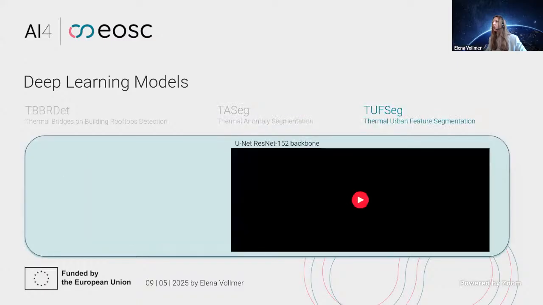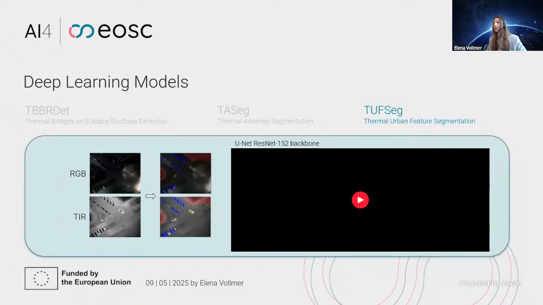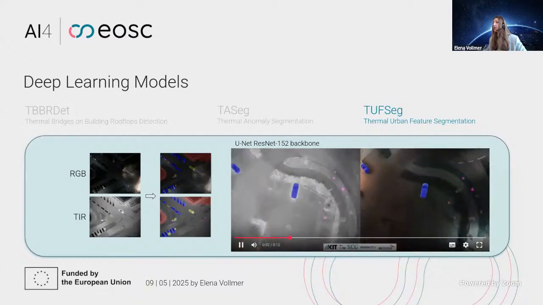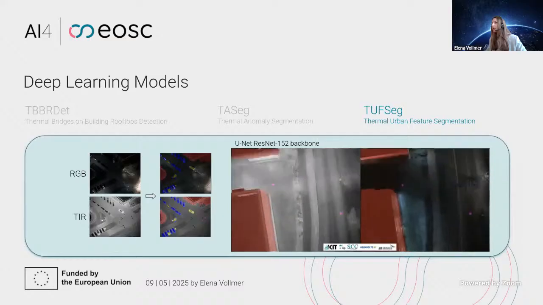The thermal urban feature segmentation uses a combination of RGB and thermal imagery as input, and the outputs are exemplified here. Then again, we have this example flyover, and you can see it classifies the manholes, cars, buildings, and so on.